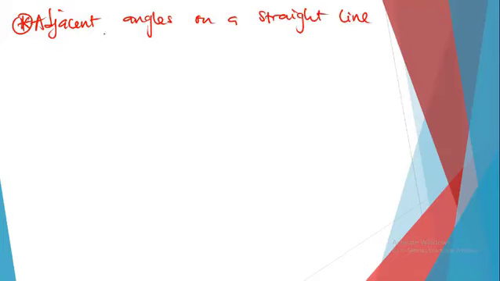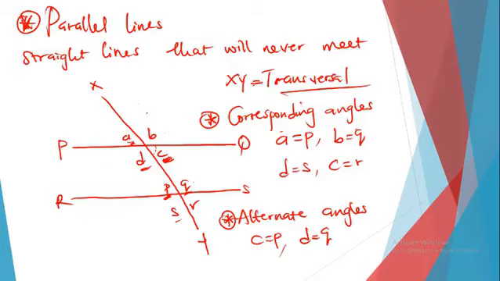Let's go back. We have angle D and C. These two angles are angles on a straight line. They give us 180.